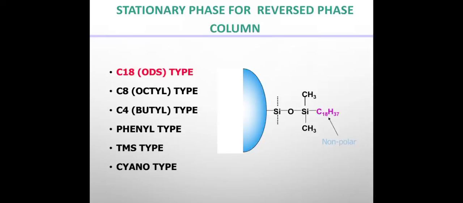This is the octadecyl type of column in which the silica is the stationary phase, attached to the ODS type, that is octadecyl silane, and this group is non-polar. So these are the different types of columns we use for reverse phase column chromatography.